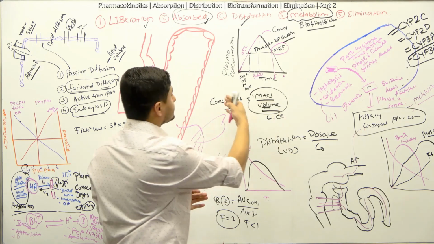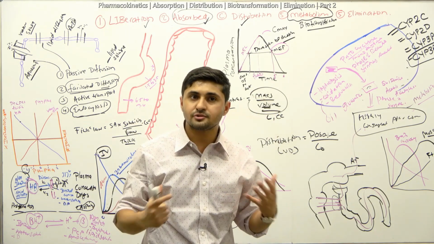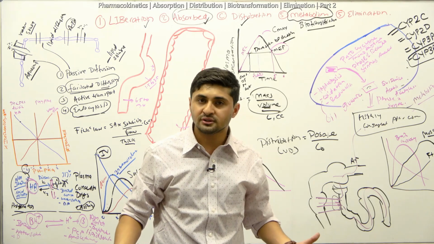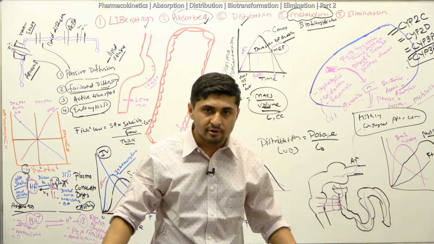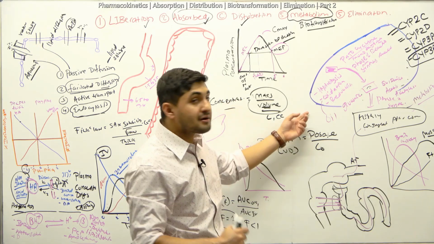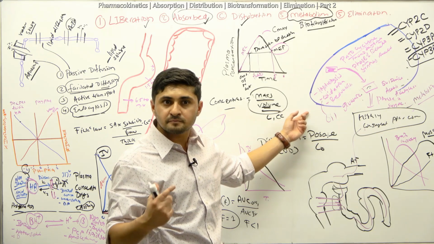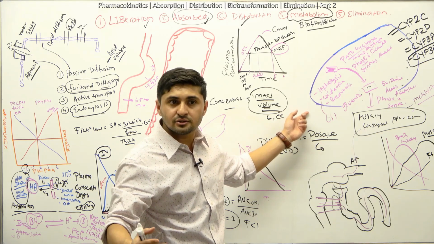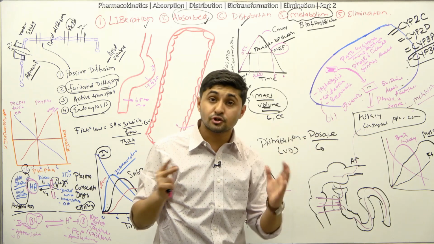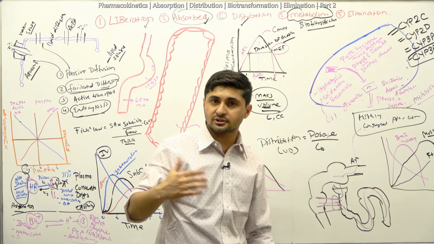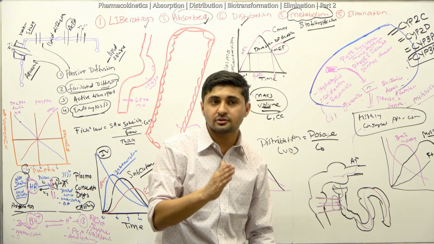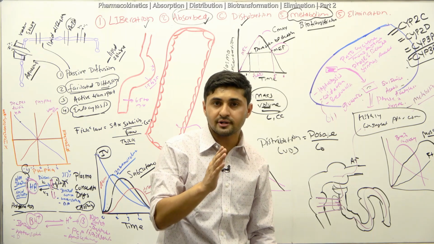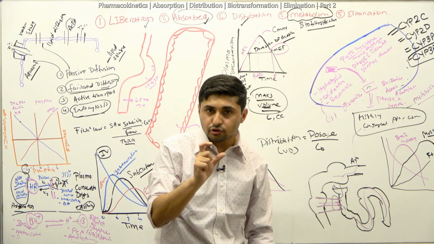And same thing with distribution too. Distribution can be affected by what? The plasma proteins. If there's an increased amount of plasma proteins that can bind the drugs, that is going to affect it. That's also why, when you give certain drugs to a patient, you need to monitor drug-to-drug interaction.